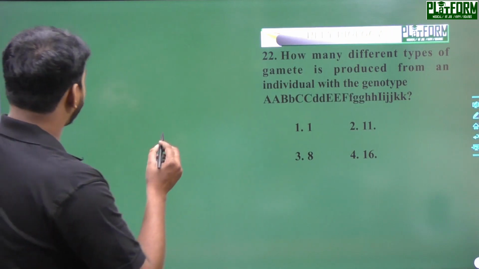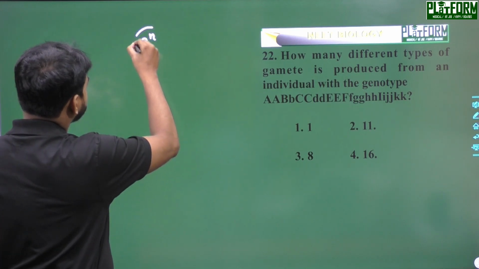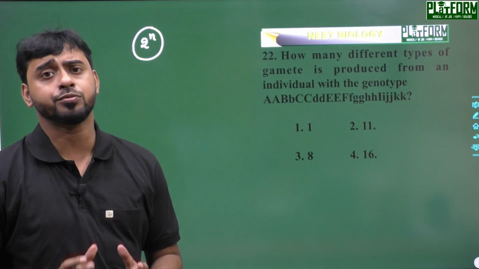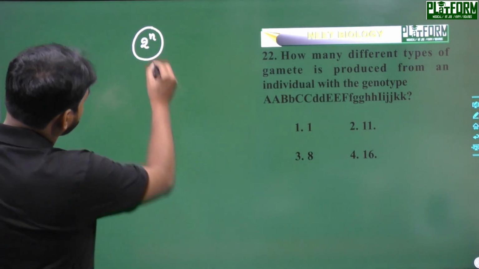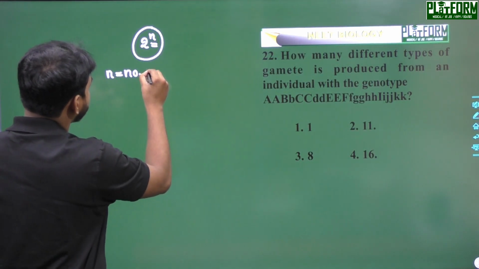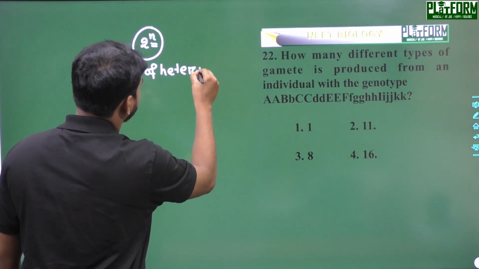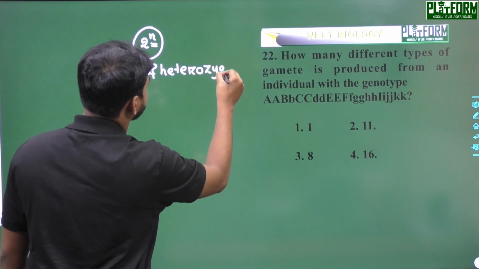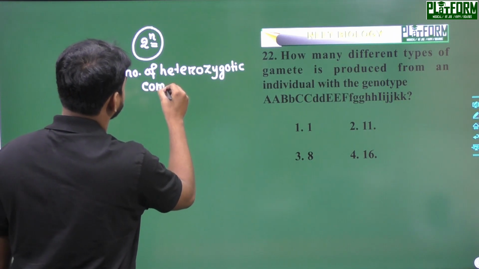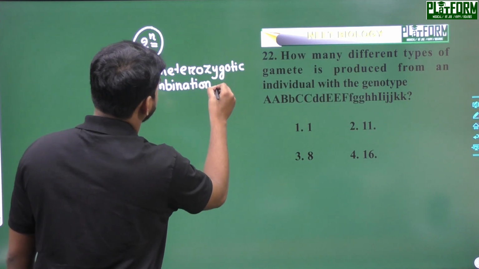Now, there is a formula, 2 to the power n, which is used to calculate the different types of gametes. Now, what do you mean by the n? The n means the number of heterozygotic combinations.